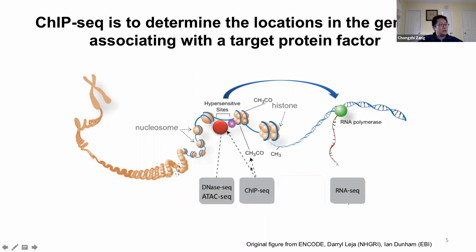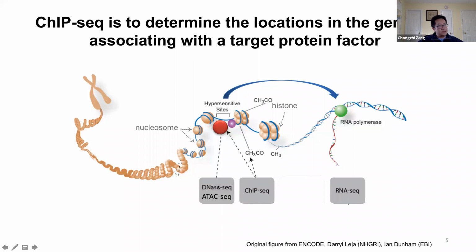There are several high-throughput sequencing-based techniques that can address this question. ChIP-seq is, of course, one of the most important experimental techniques to measure the genome-wide distribution of one protein factor.